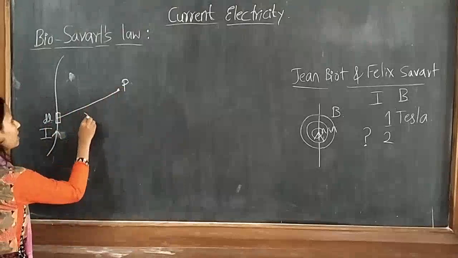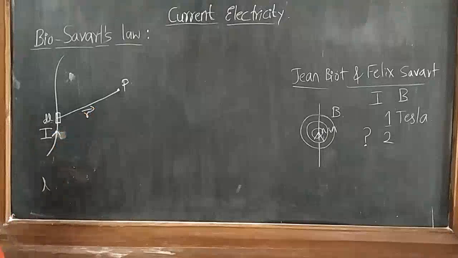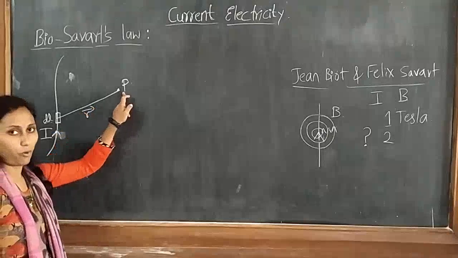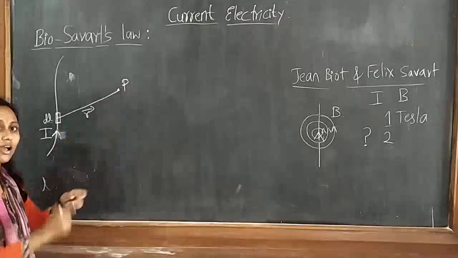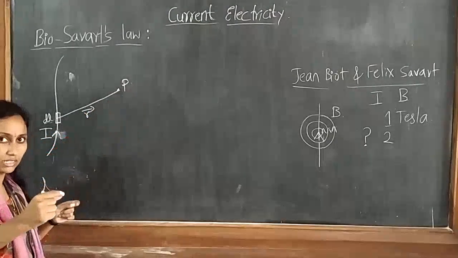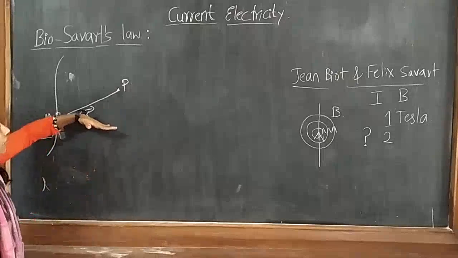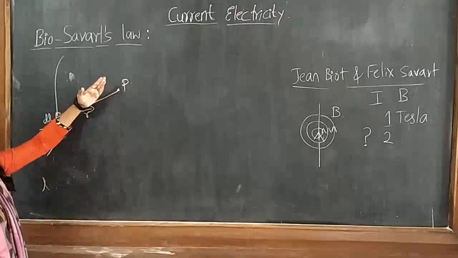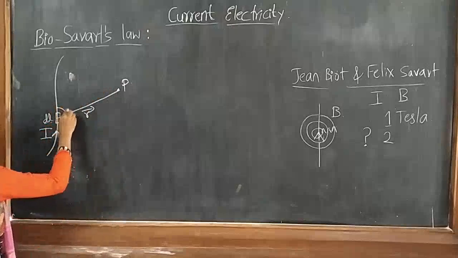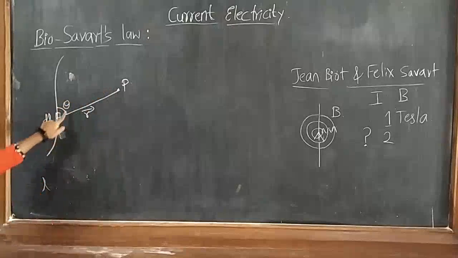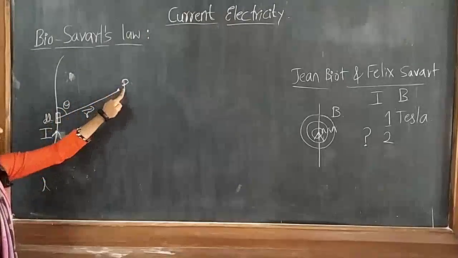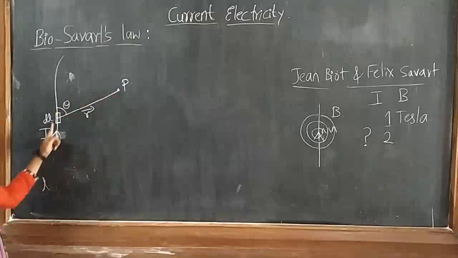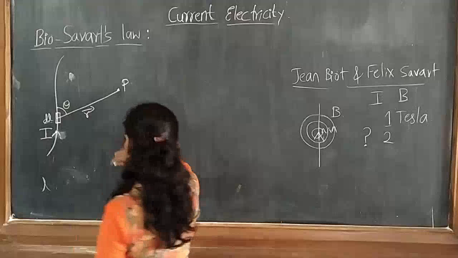The distance I will take as r. r is the distance vector of this point P. When we talk about the specification, it is at a certain distance and at the same time at a certain angle, and that angle I will denote by theta. Theta is the angle between this current element and the line joining the current element to the point P.